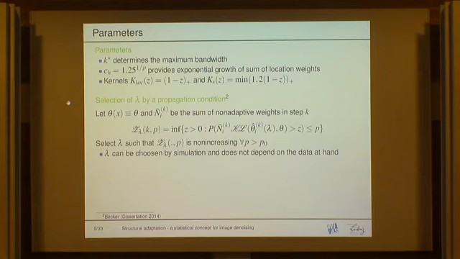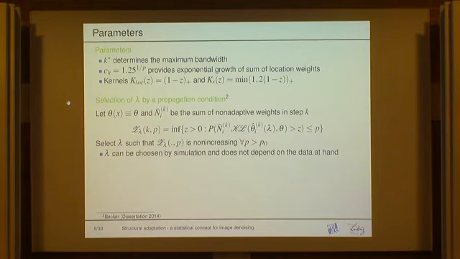Okay, the second parameter is this decrease in variance by a factor CH. And what we use here is 1.25 to the power of 1 over dimension.